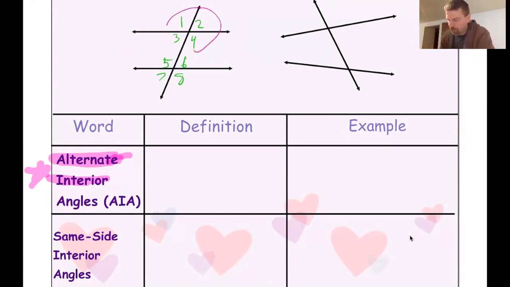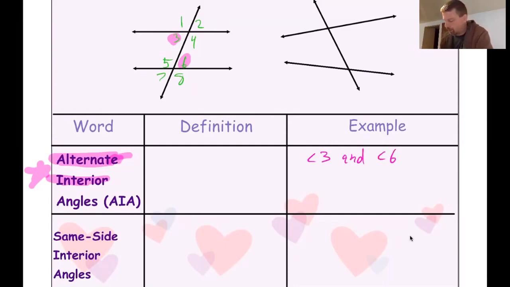Again, I'm looking at angles up here and angles down there. So for example, if I highlight angle 3, and angle 6. They're on alternate sides of the transversal, one's on the left, one's on the right, and they're inside the parallel lines. So in that picture, angle 3 and angle 6 would be alternate interior angles.